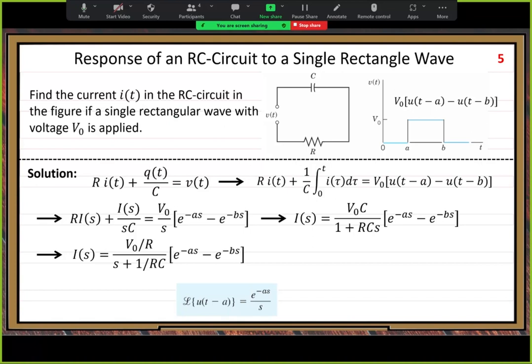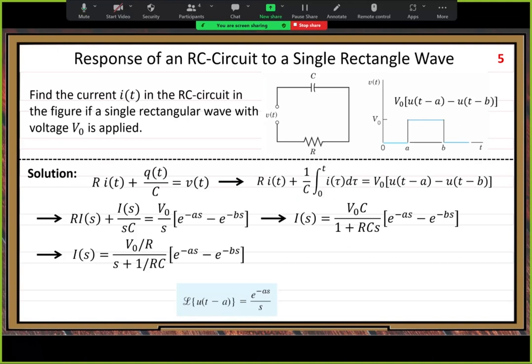Then algebra: solving the algebraic equation for I of s. So you get I of s. Here I just write it in a more friendly form, another step, more friendly for our formula applications.